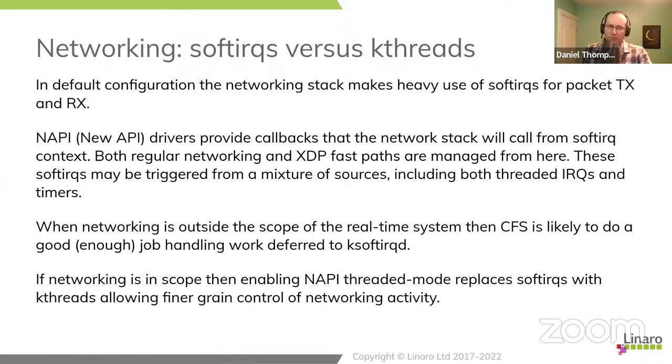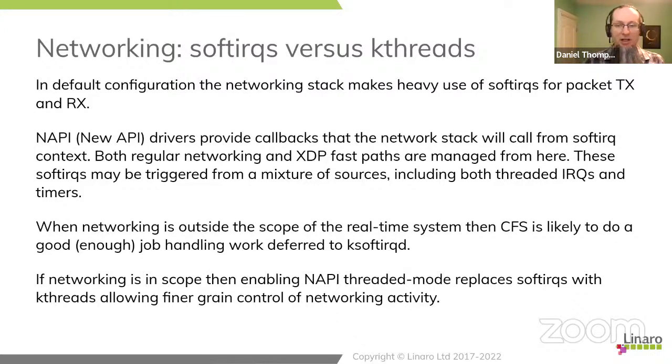I can't go into great detail of time sensitive networking and other things, but there are two kinds of bottom lines. The first one is that if networking is outside the scope of your real-time system, the industrial control example perhaps, then networking is not part of the real-time system.